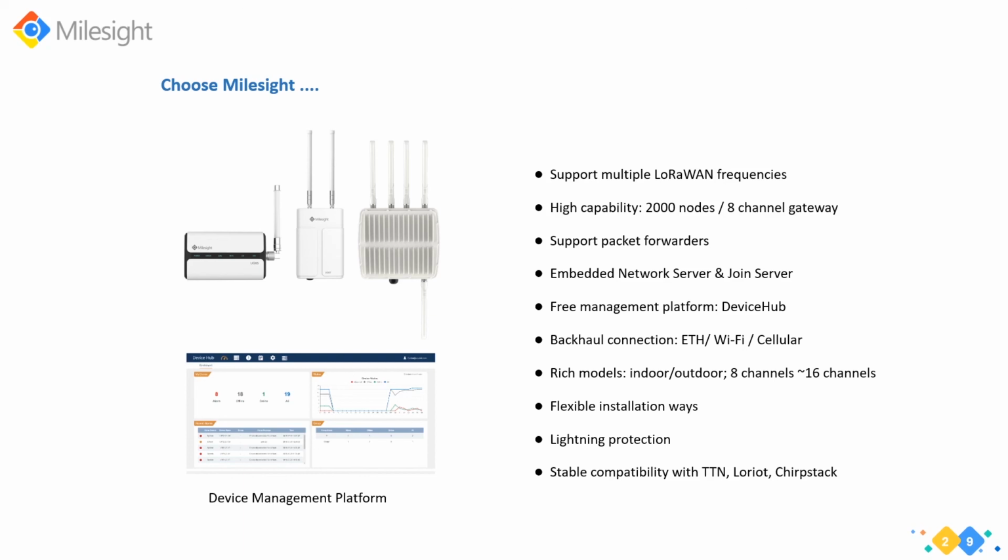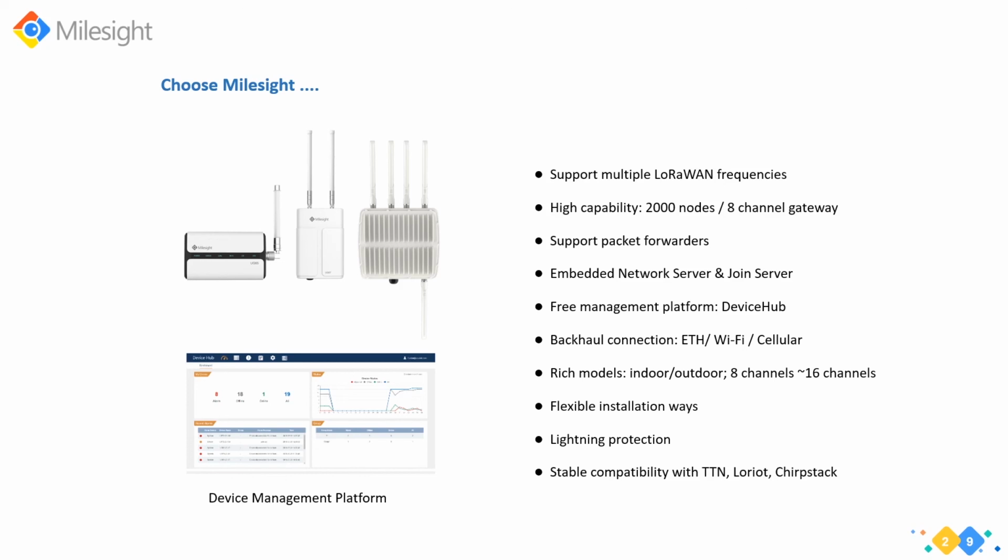And besides that, you can also make use of our basic station feature in the gateway. So use one gateway as the master to manage the network server in other gateways, in case you need multiple gateways in one project.